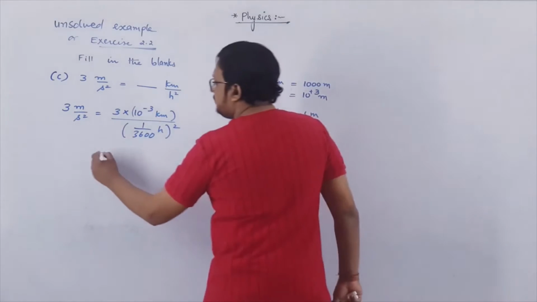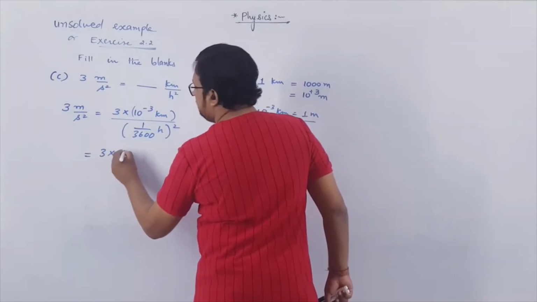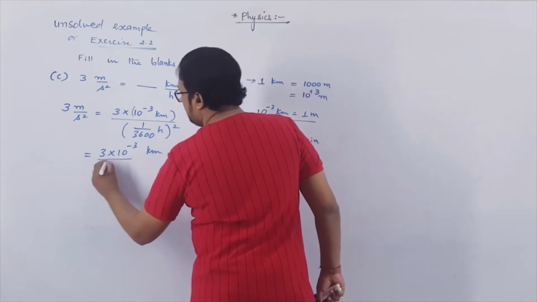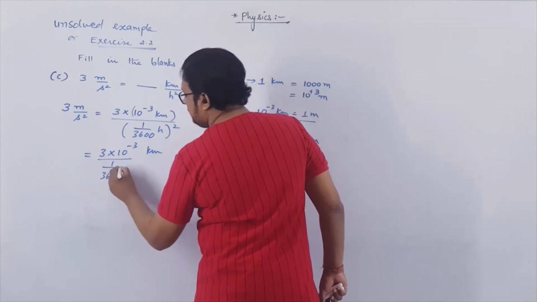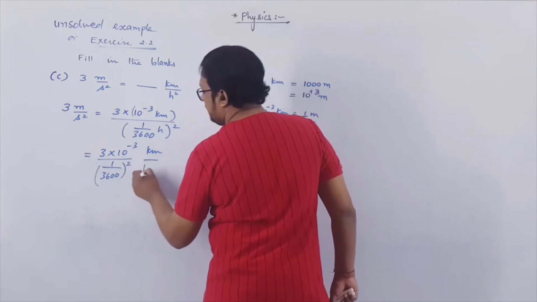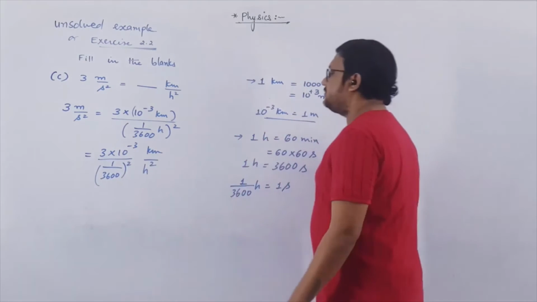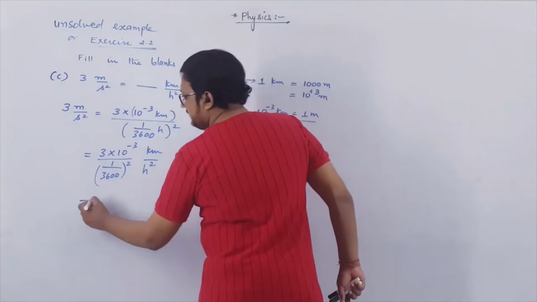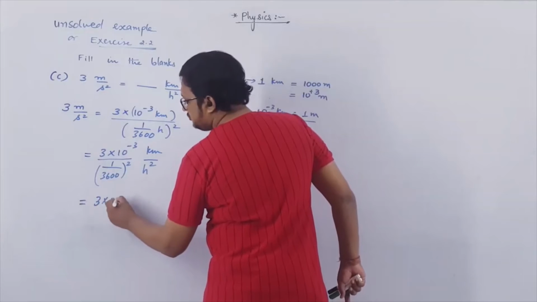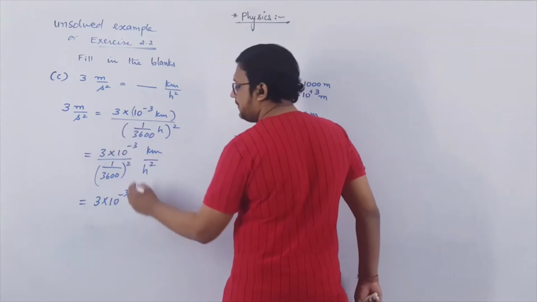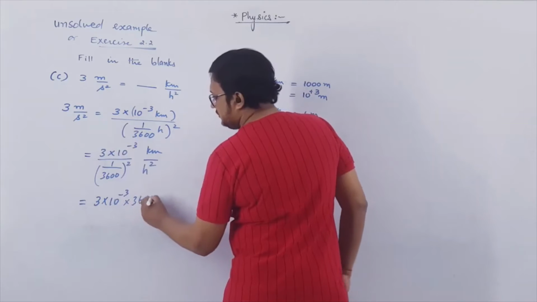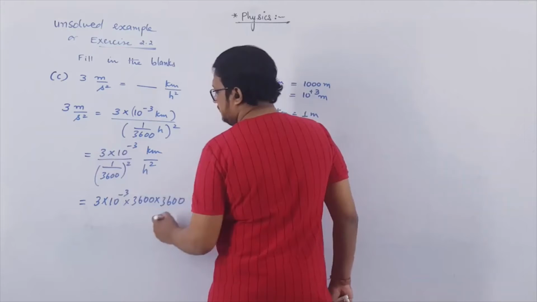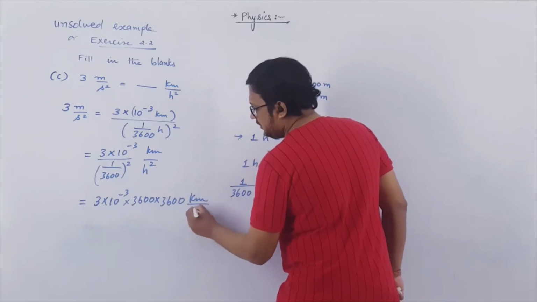So this will be equal to 3 into 10 raised to minus 3 kilometer over 1 by 3600 whole square hour square. So this will be our kilometer per hour square. Now simplify this. This will be equal to 3 into 10 raised to minus 3, and this whole term will move up, so into 3600 into 3600, over 1, kilometer per hour square.